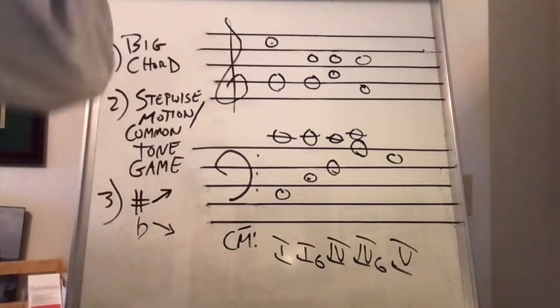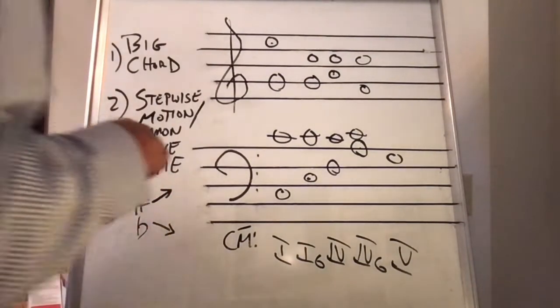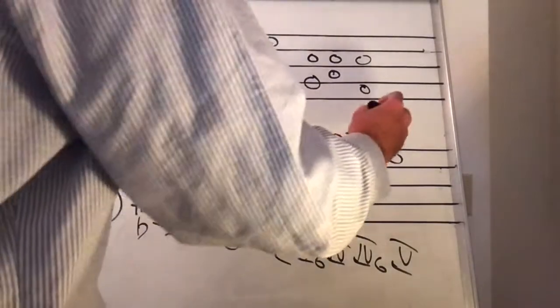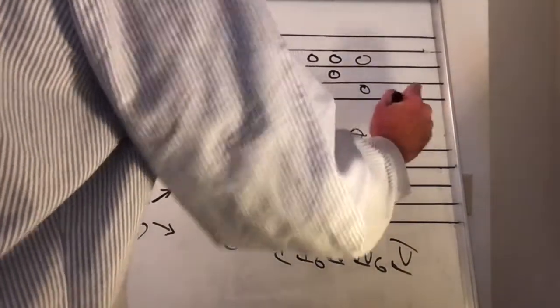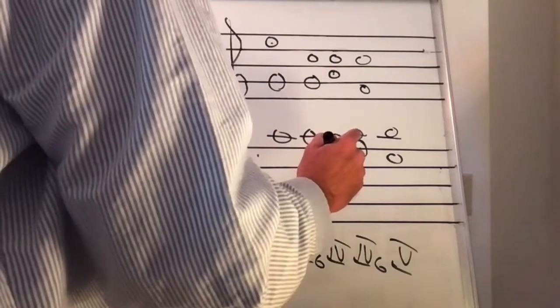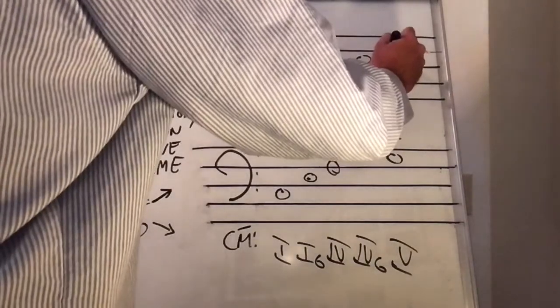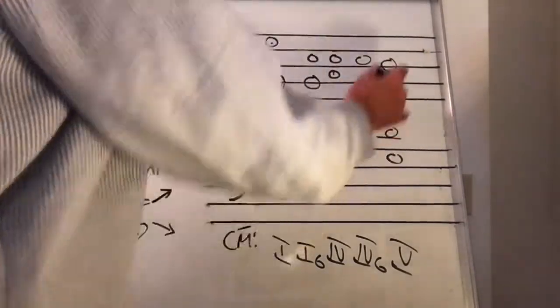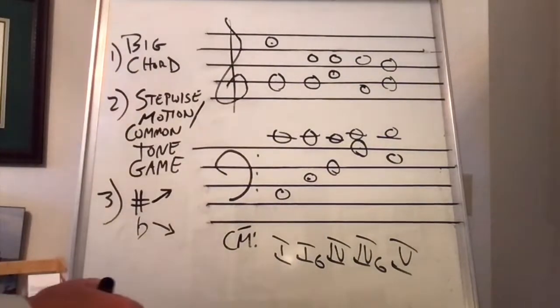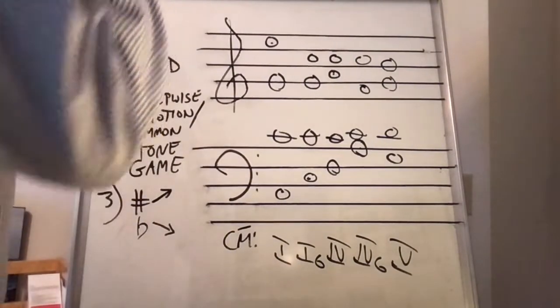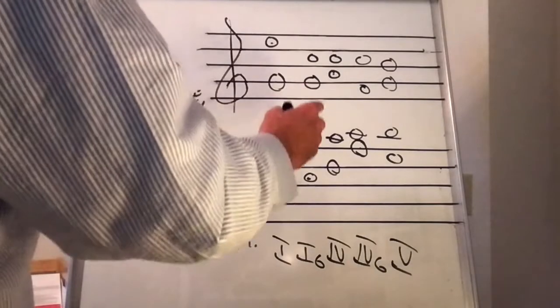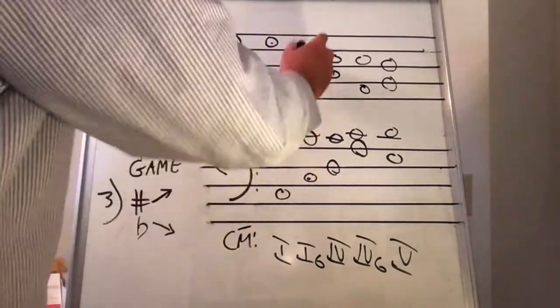And then 4/6 to 5. It might make sense to go to a D here, stepwise. Go down to a B here, and then double the root by having the G there. It's a beautiful progression. And again, here we're starting with our voice exchange.